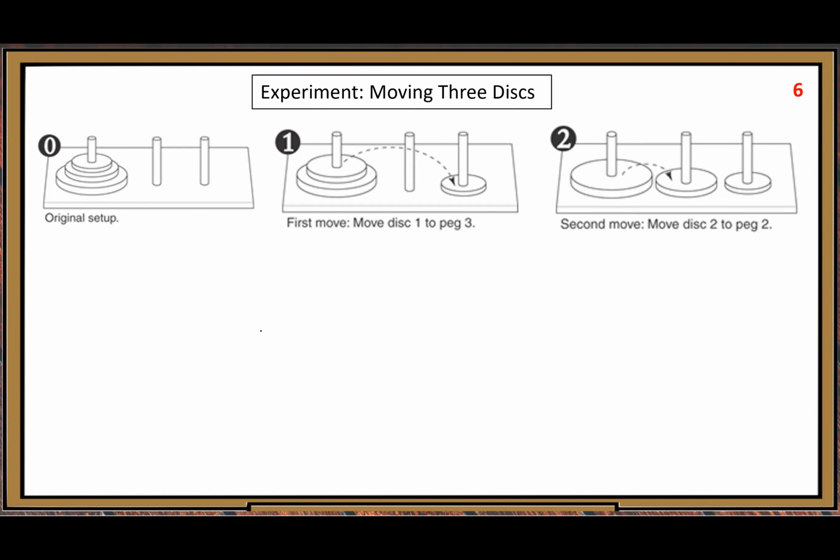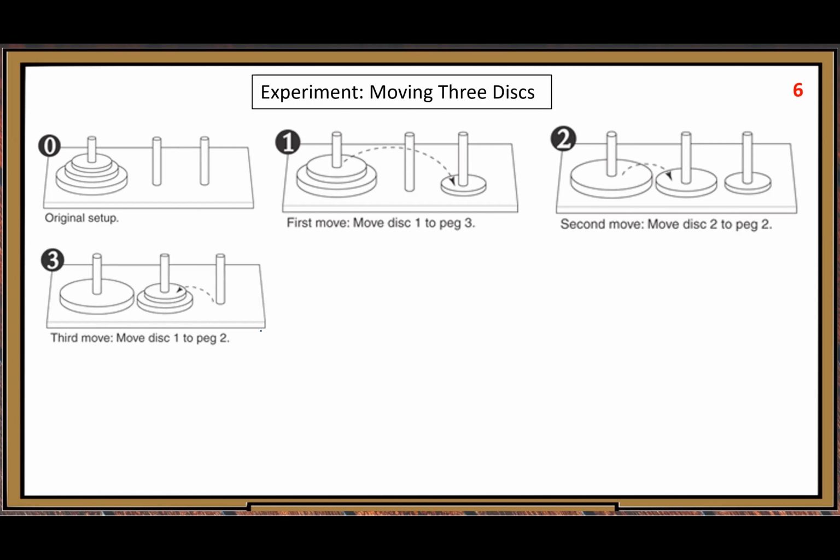Then the next move, we can only move the smallest disk back to peg number 2 or peg number 1. But we move it to peg 2. Then peg 3 is empty, so we can move the largest disk to peg 3.